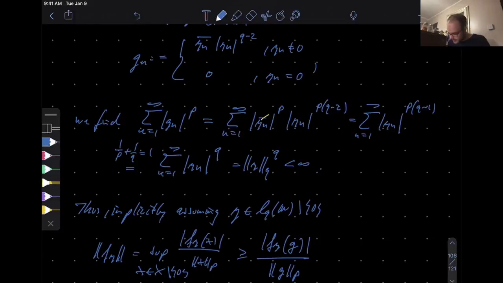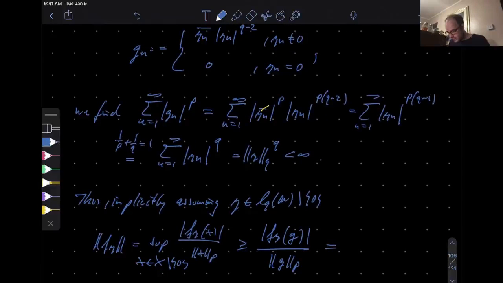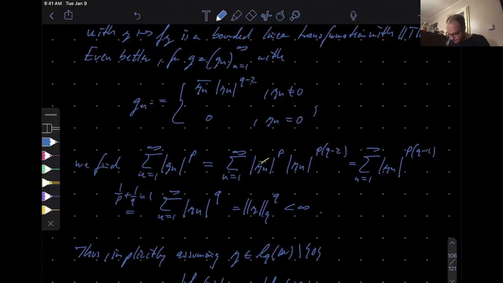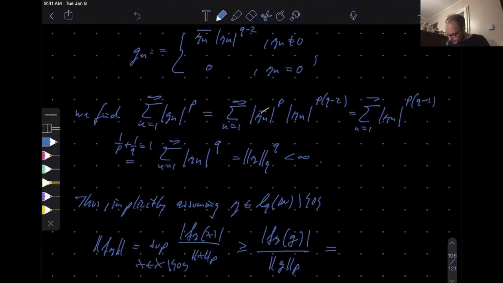Might be hard to see. And now what happens here is, well, now I use the definition of f sub y applied to g, if you substitute it in. It's not on this slide, it's on the previous slide, but anyway, what happens in the bottom, that is on this slide. So here is the p norm raised to the power p, so that's why in the bottom I get the q norm of y to the power q, and then to the power 1/p, right?